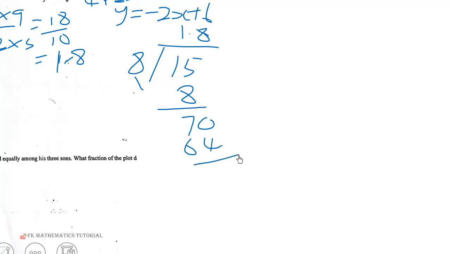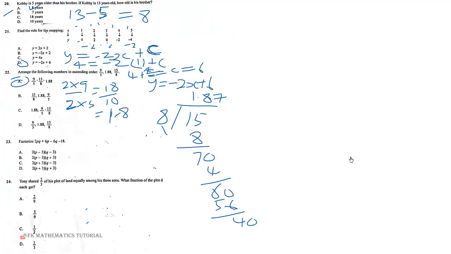Subtract, you get 6. So 8 goes into 60, that will be 7 times. 8 times 7 is 56. Subtract, you get 4. So 8 goes into 40 5 times.